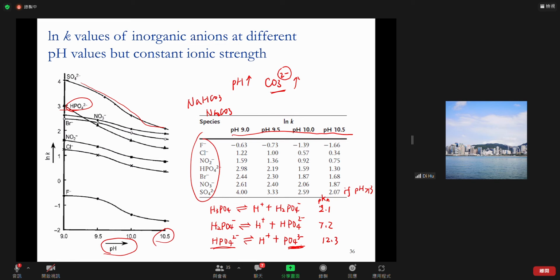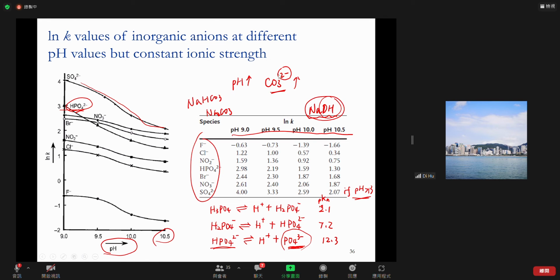So pay attention to that, especially when you are using sodium hydroxide as the mobile phase. That could be a problem. If you use a higher concentration of sodium hydroxide, with more hydroxide ion the pH may go above 13, and the elution order will change because it may be dominated by the phosphate ion instead of hydrogen phosphate.